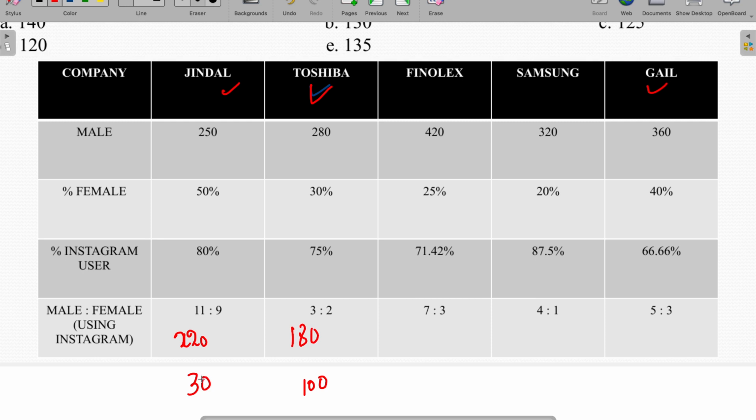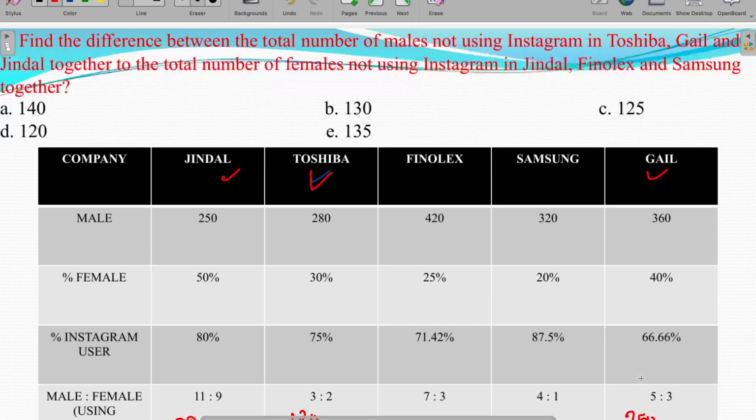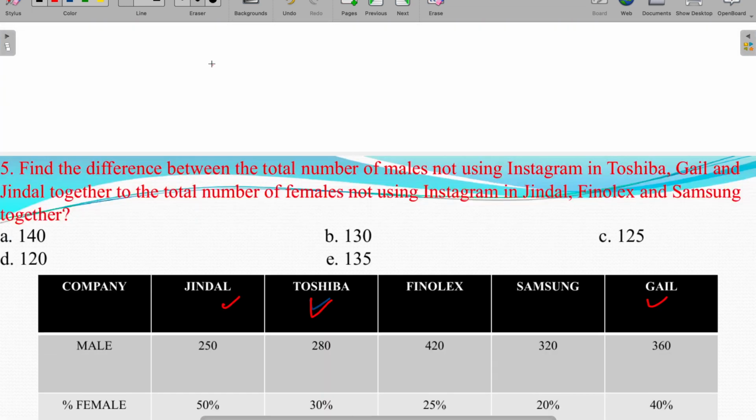Even in Gale, 250 members are using out of 360 males, which means 110 members are not using. So total 110 plus 100 is 210, plus 30, 240 males are not using from these three departments.